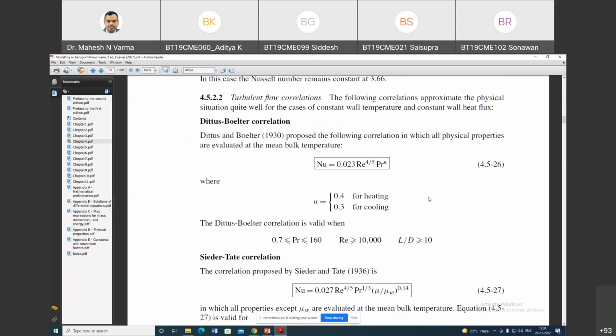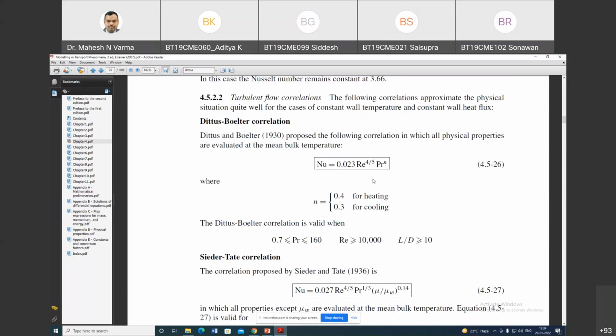Why are these limitations coming? Because Dittus-Boelter did an experiment for flow through pipe, and they estimated Nusselt number, Reynolds number, and Prandtl number.